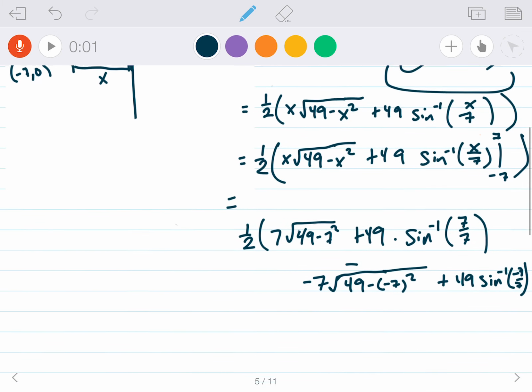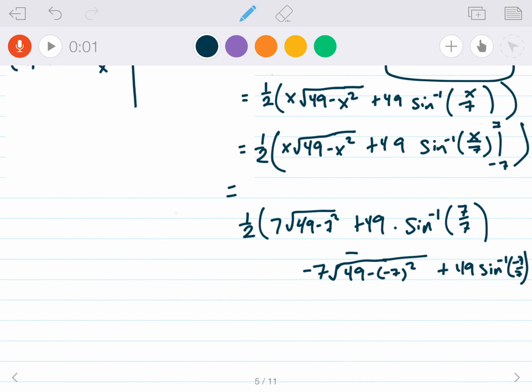So let's go ahead and simplify this guy. What's cool is that this all under the radical goes to 0, right? 49 minus 49 goes to 0. And likewise, we have something under the radical that goes to 0, 49 minus 49 again. So that all goes to 0.